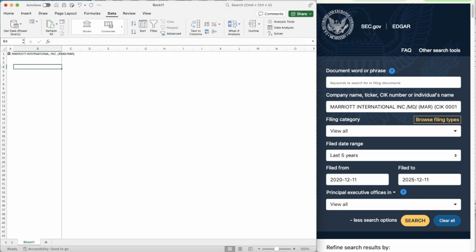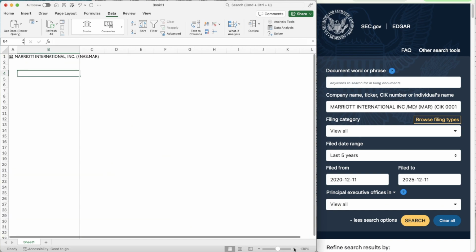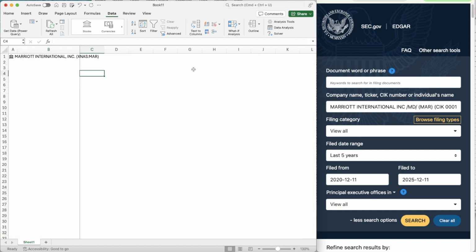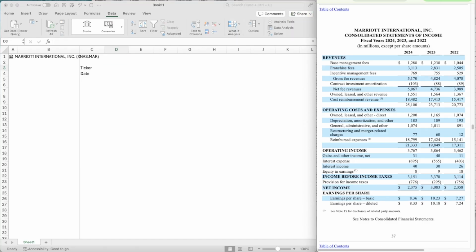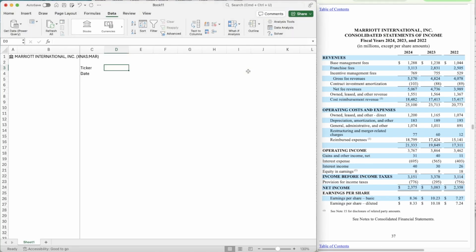Select that, and that looks good. We'll zoom in a bit so that we can see better. Then we want ticker, date, current, implied. We want to know if there is any upside.